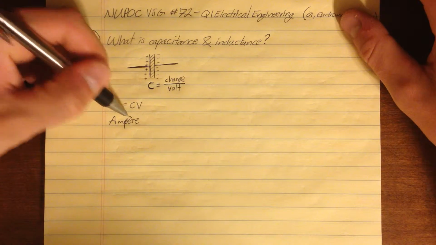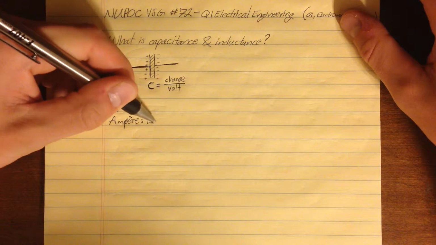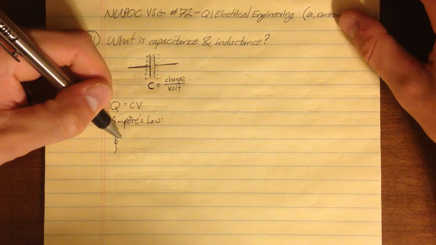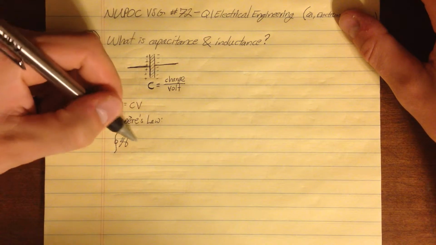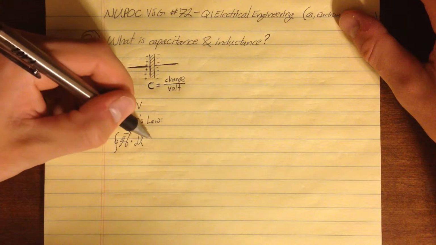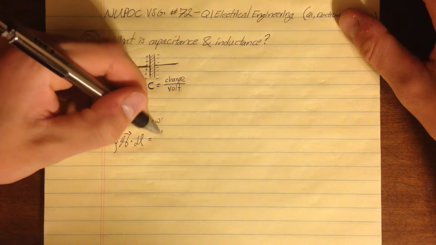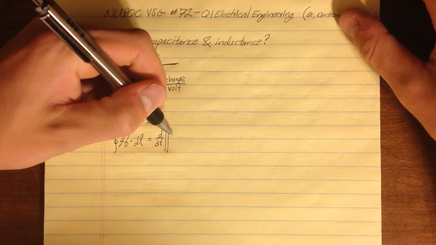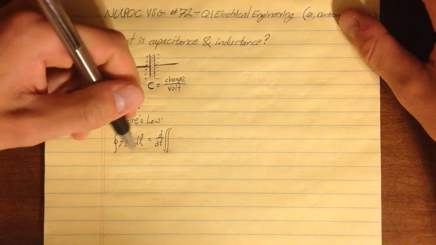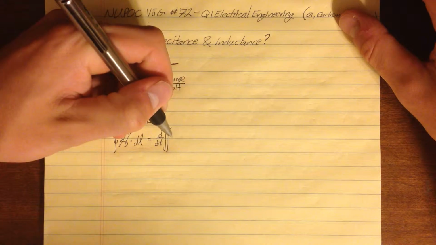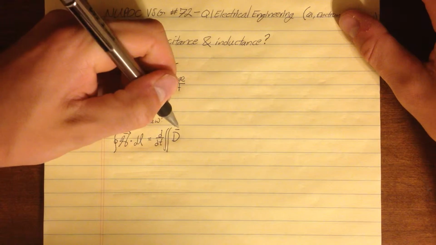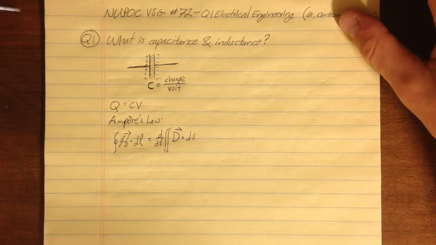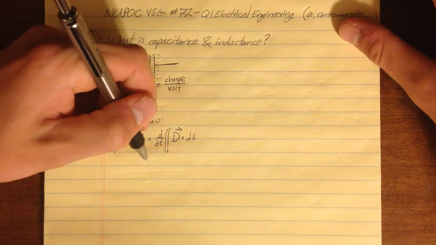Ampere's law says that if we integrate the vector H field around a closed path, it's equal to the time derivative of the integral, over any surface terminated on this closed loop, of the electric flux density normal to that surface.